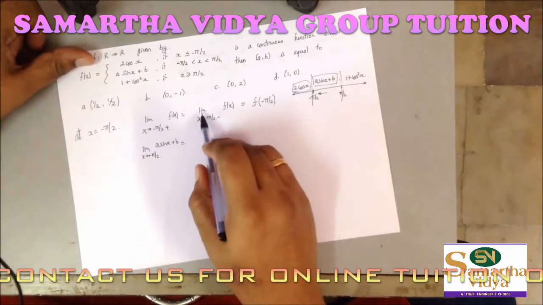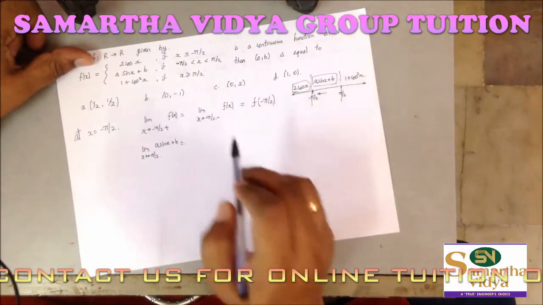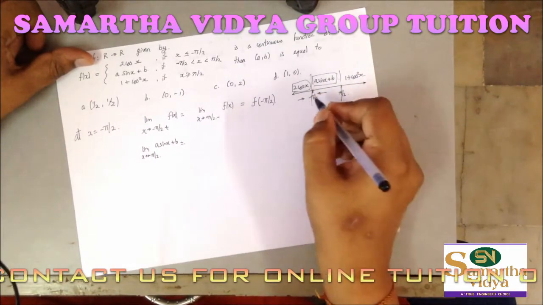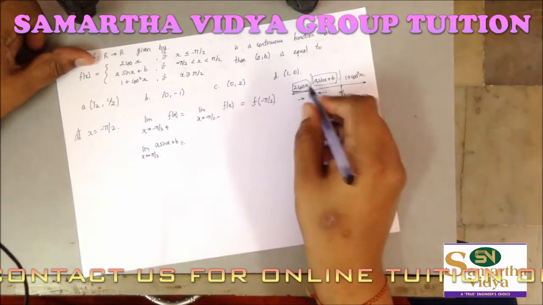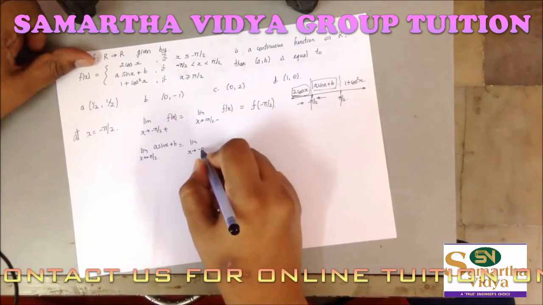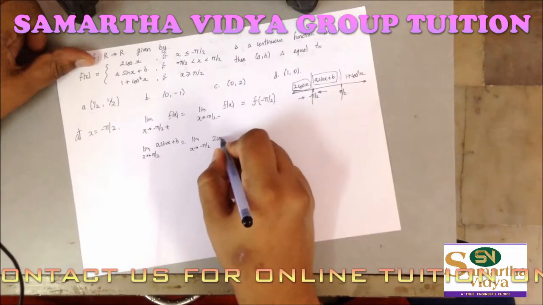On the other side we have the limit as x tends to minus pi by 2 minus, that means we are approaching minus pi by 2 from the negative end. That means the function is going to be 2 cos x. So it's the limit as x tends to minus pi by 2 of 2 cos x.